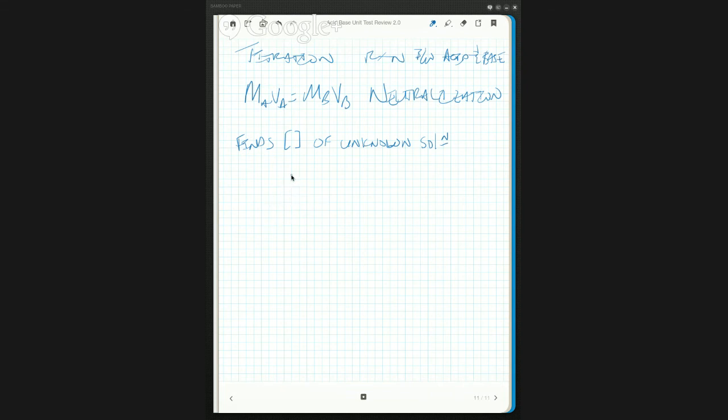So if we have here a burette, and then you have, let's say, a beaker. This is your analyte, because this is what you're trying to analyze.